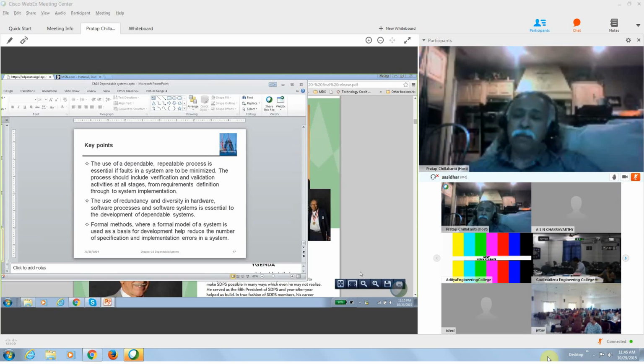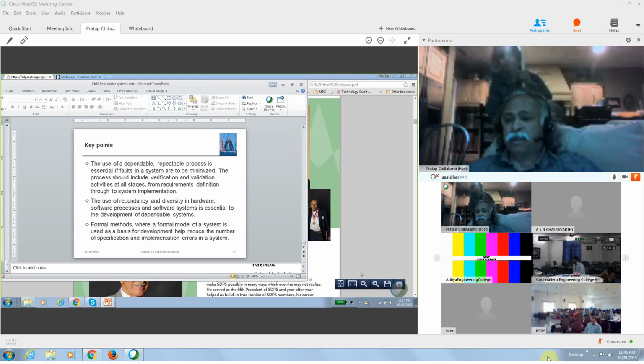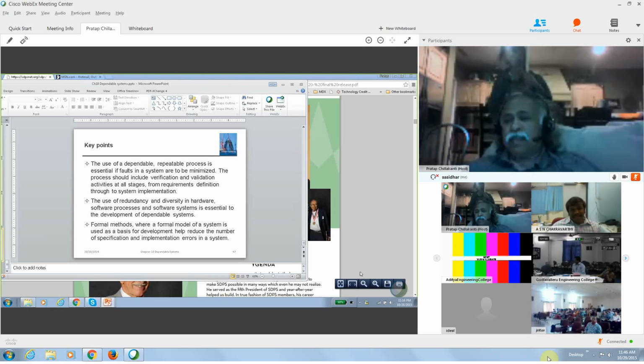We also talked about how no one person, a programmer, may have all the skills to design a dependable system. A programmer is good at coding, but you need a diversified set of skills, such as distributed databases. So it's truly a collaborative team which can develop highly dependable systems.